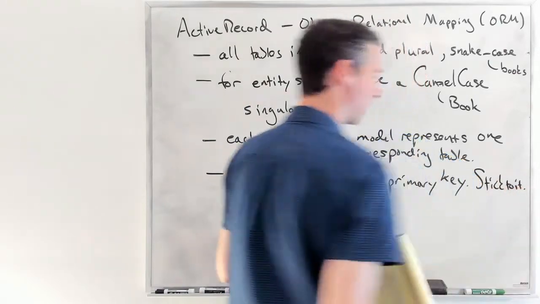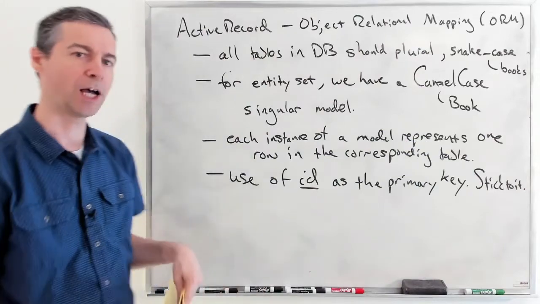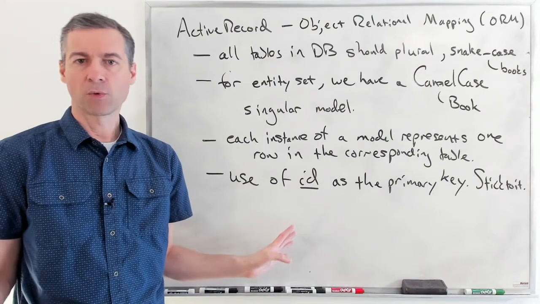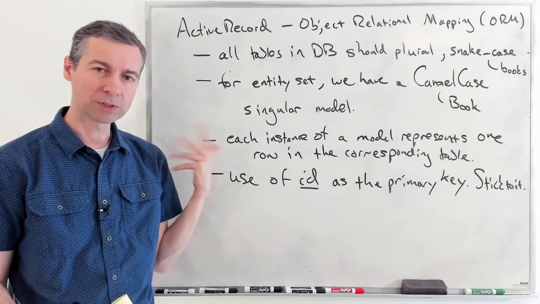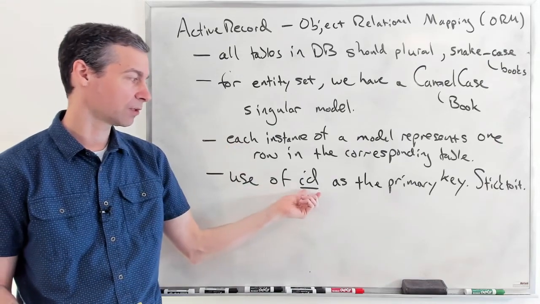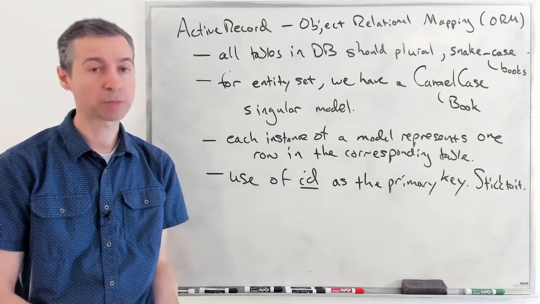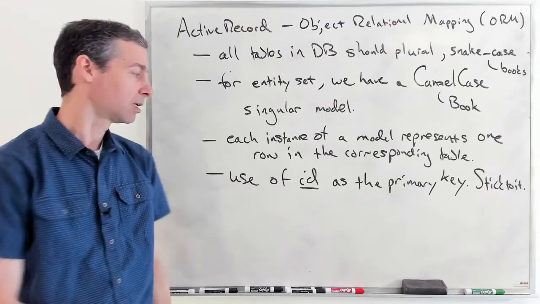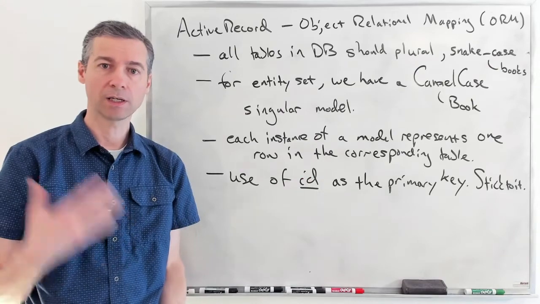Don't try to get fancy and go, well, I learned all about composite keys and oh, I see an option to say the primary key is something else. The reason I say stick to this is there's a lot in Rails built around this assumption that your model will have a field ID that is the primary key. And not only that, but the ID is going to basically be an auto-generated column.